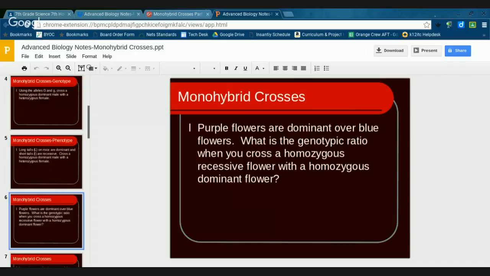And then the one on the side, the other parent, would be a homozygous dominant flower, so two capital letters. Then you cross them, and hopefully what you've gotten is that every single kid has one copy of the dominant allele and one copy of the recessive allele.